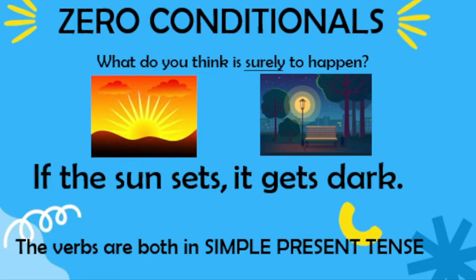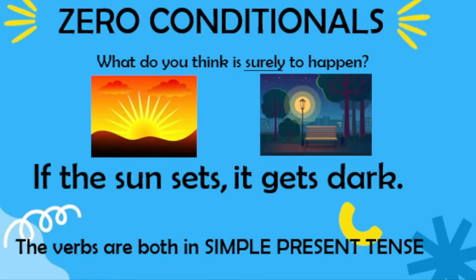If the sun sets, it gets dark. The if clause or the condition in this sentence is if the sun sets. Ang result clause, it gets dark. Kapag na-fulfilled yung condition or if clause na if the sun sets, one thing is surely to happen. Expect that the result is it gets dark.